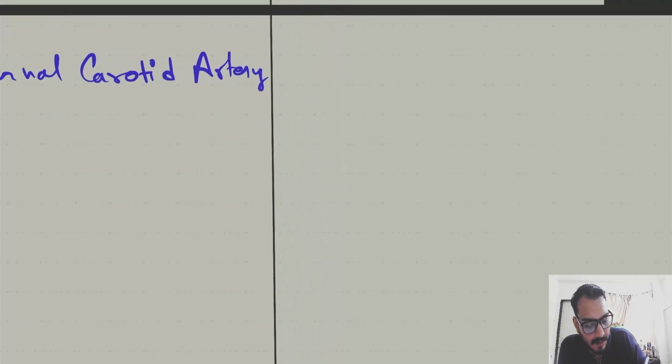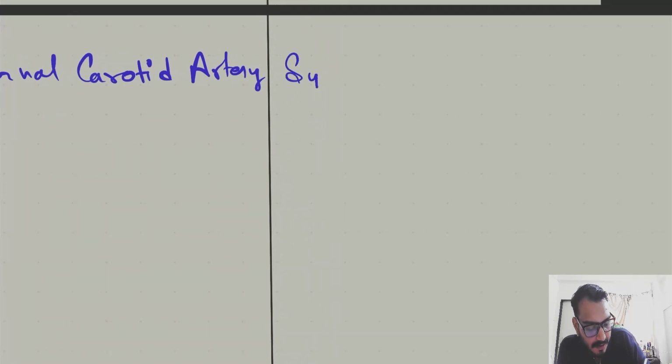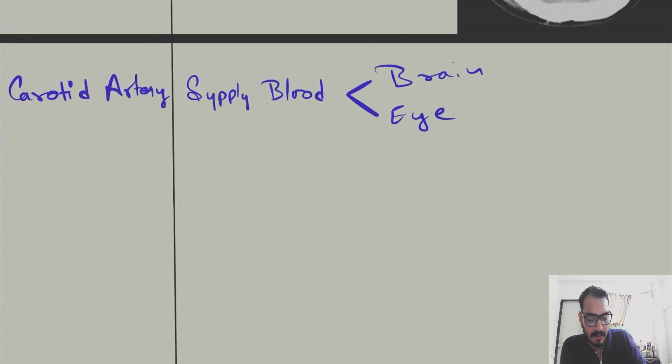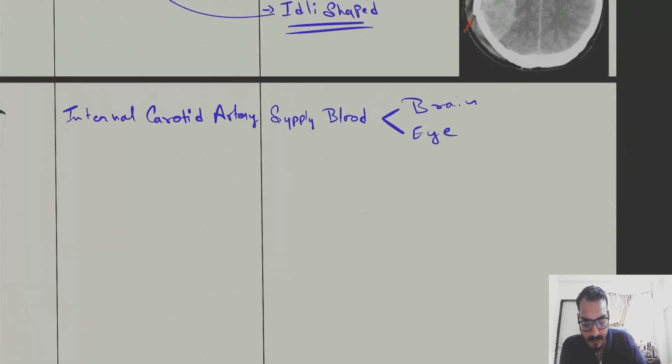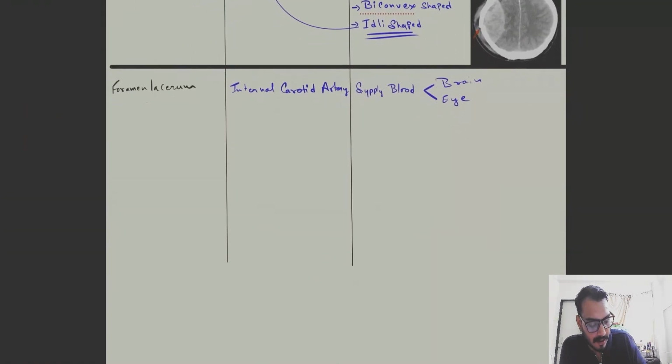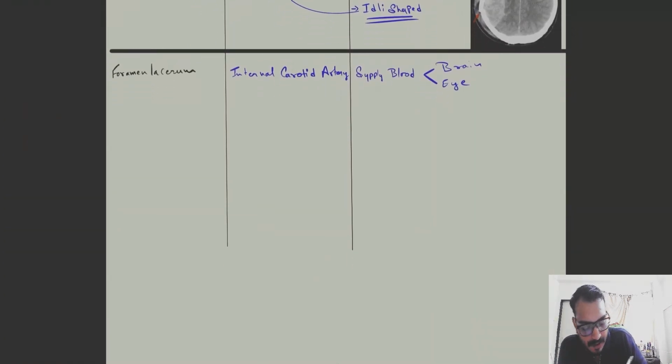This internal carotid artery supplies blood to two different structures: the brain and the eye. Internal carotid artery is supplying blood to the brain and the eye.